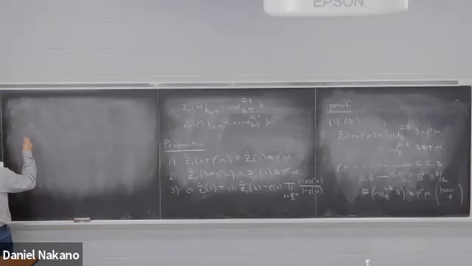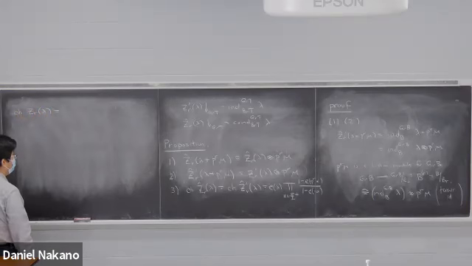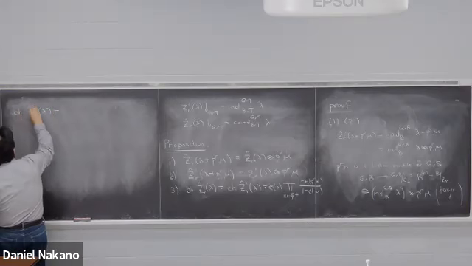Okay, so let's do this one first. The character of Z_r lambda. So this was the induction, this is the co-induction.